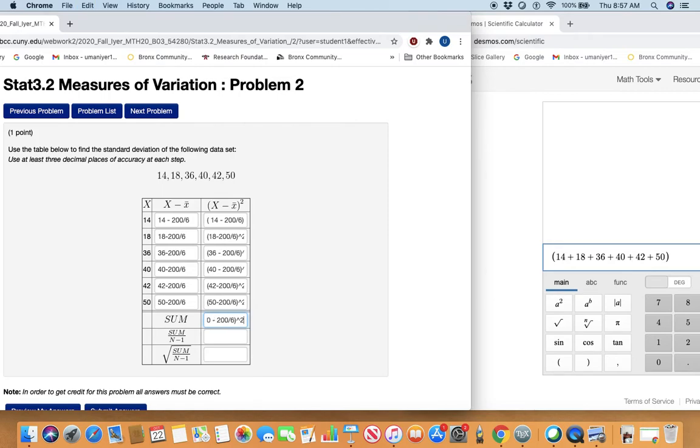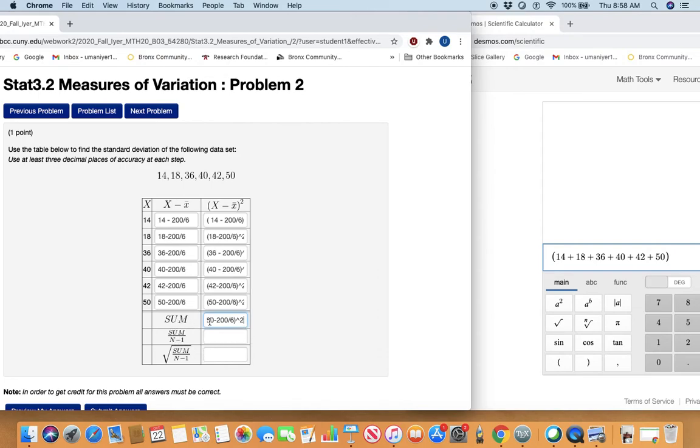Plus fourth one, plus fifth one, and here is the last one. I'm copying and I'm going to paste it. Plus the last one.